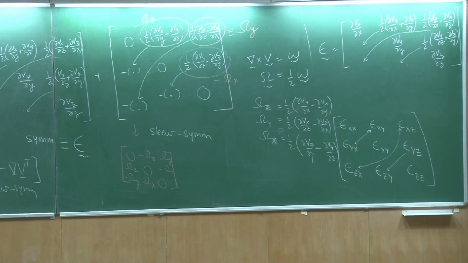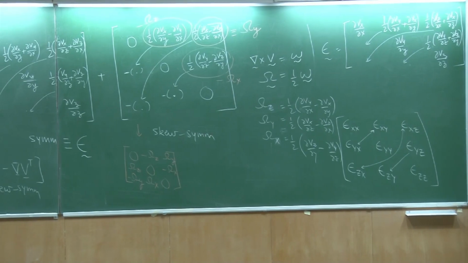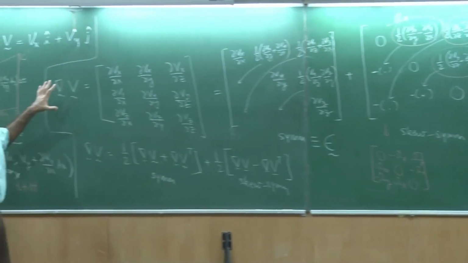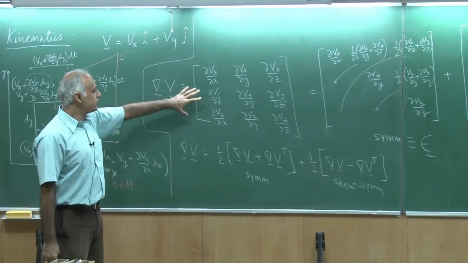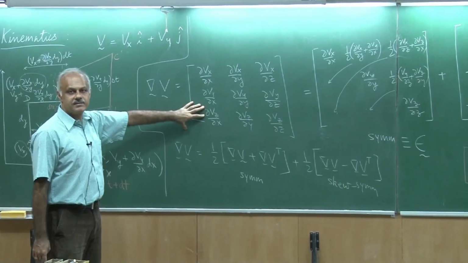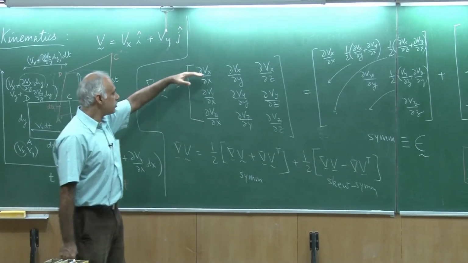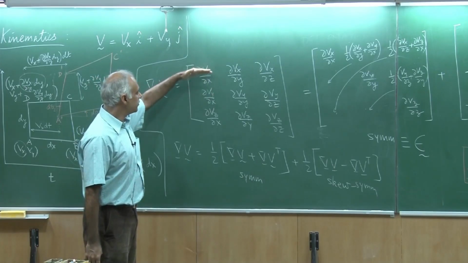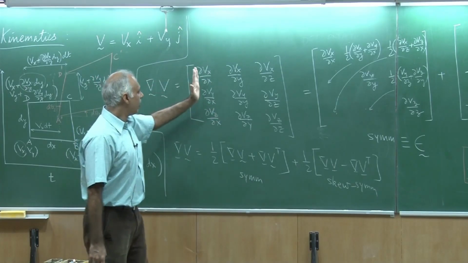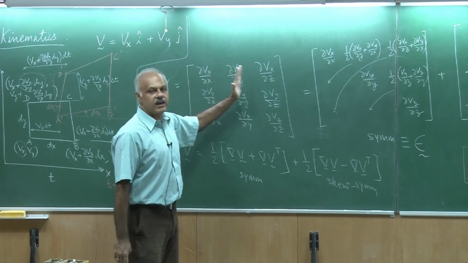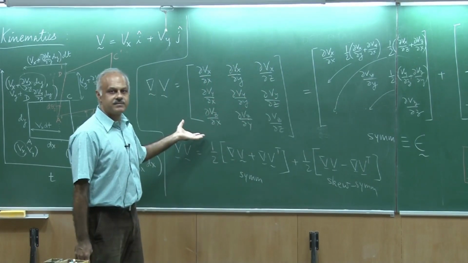So let me summarize what this spectacular result shows us. If you give me a velocity field, I can compute the gradient of the velocity field. That means, taking the three components Vx, Vy, Vz, how do the three derivatives in the x, y and z direction change.